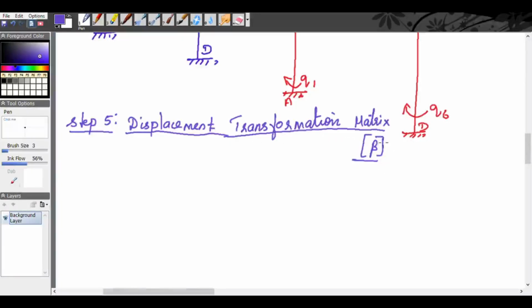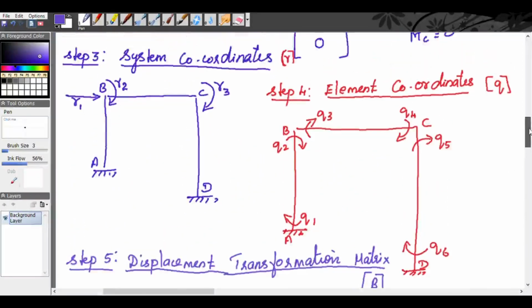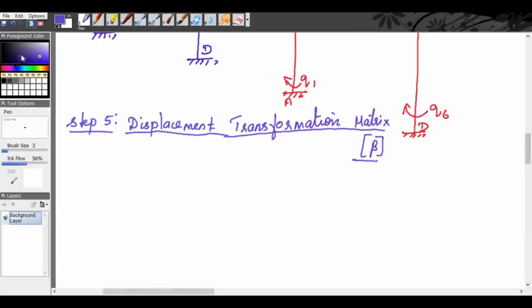How will we determine it? We will be applying unit displacement, not unit load, along the system coordinates R1, R2 and R3. Right? So, applying unit displacements.